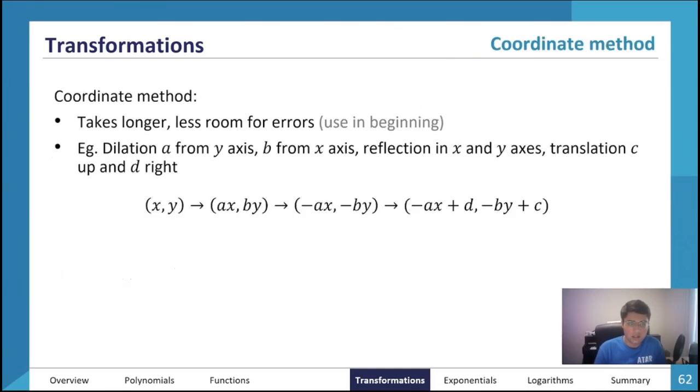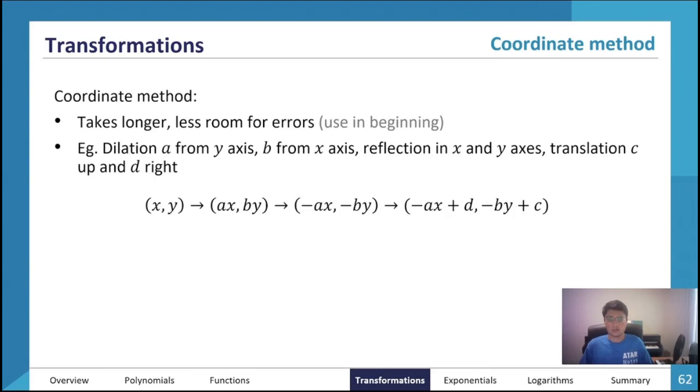There's two methods of actually applying a transformation to an equation. The first method is the coordinate method, and the second is the replacement method. And we're going to first go over the coordinate method, then move into the replacement method. So the coordinate method, this takes a little bit longer, but there's less room for errors.